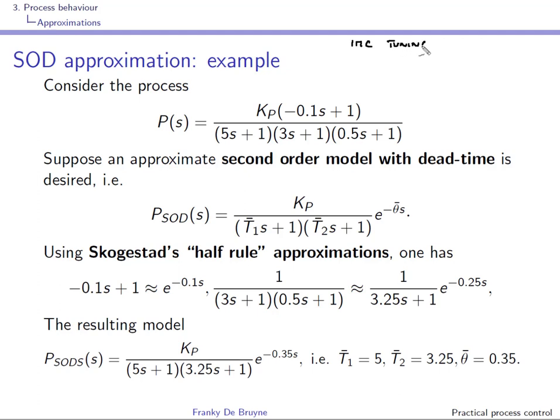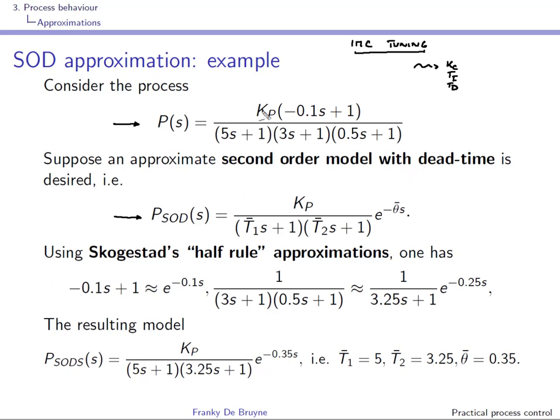This is a method for tuning PID controllers, and in this method you will go and look in a table and identify the process that you've got, and from the type of process and the underlying parameters you can obtain the gain of the controller, the integral time constant, and the derivative time constant. In this table you will never find a process like this one because it's too complex, right? But you will find this second order system with delay.